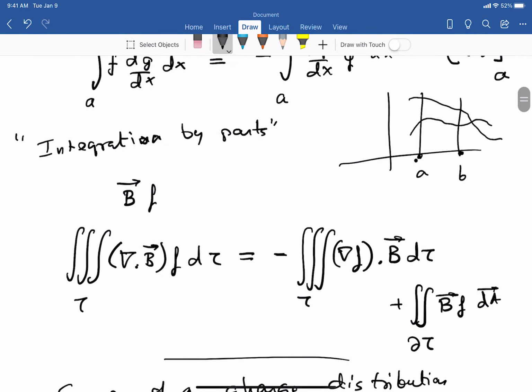Okay, now this looks very similar to the left-hand side of our integration by parts formula. So we had del dot a vector multiplied by a scalar function, and the volume integral of that was equal to this right-hand side. So that's what we'll do over here.